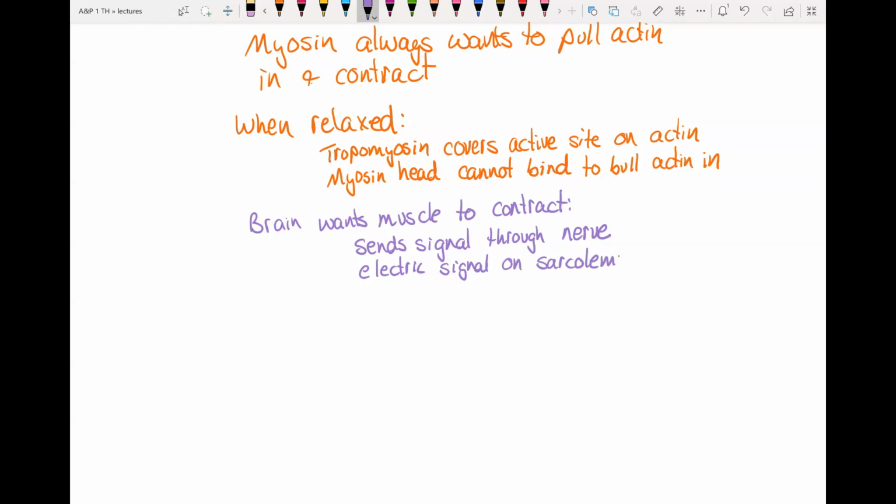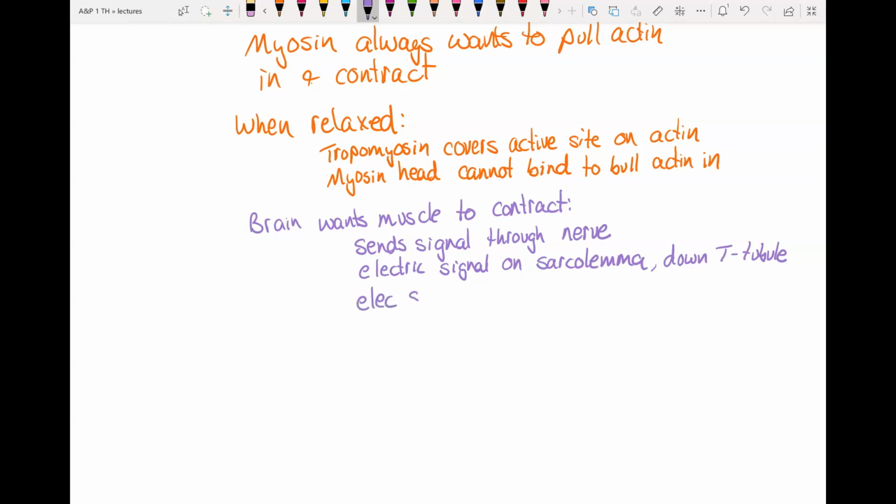So remember, sarcolemma is the membrane of the muscle cell. That electric signal will go down the T-tubule. Okay, remember what's right next to the T-tubule? Sarcoplasmic reticulum, and terminal cisternae are the flattened ends of the sarcoplasmic reticulum. When the electric signal is in the T-tubule, it causes that terminal cisternae to open its calcium gates.